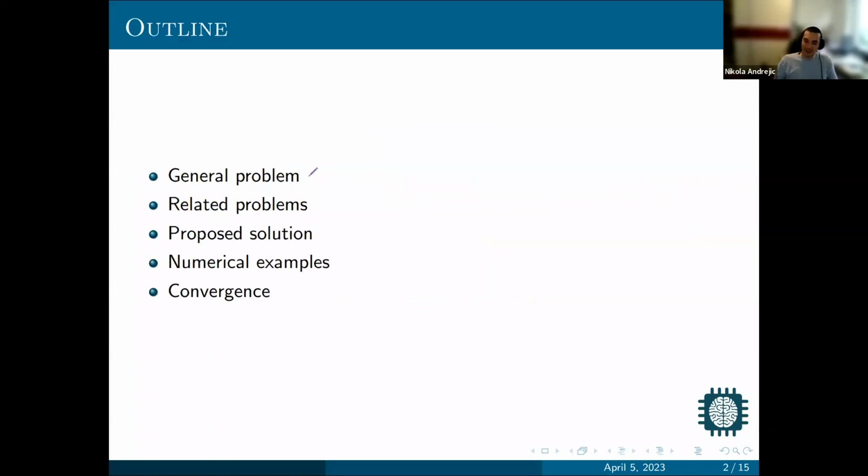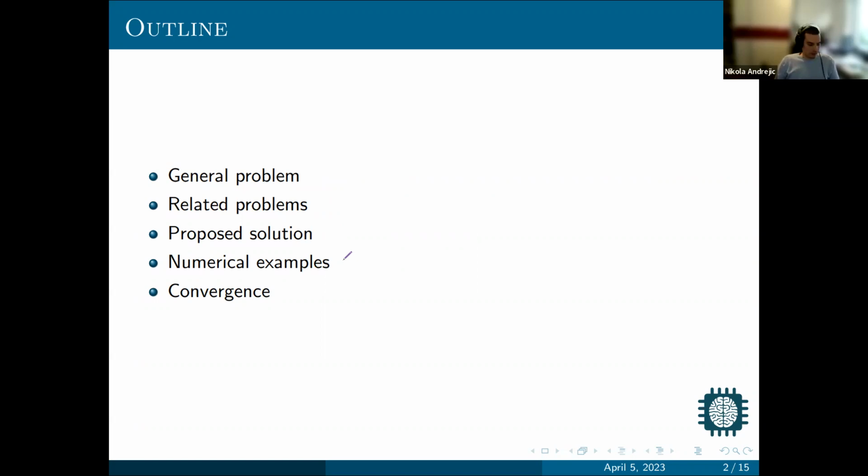Okay, so first I'm going to present the general problem of estimating Jacobians of unknown functions. Then I'm going to briefly mention some related problems. Then I'm going to go through the solutions that the authors of this paper propose.